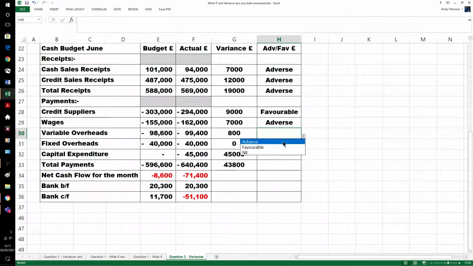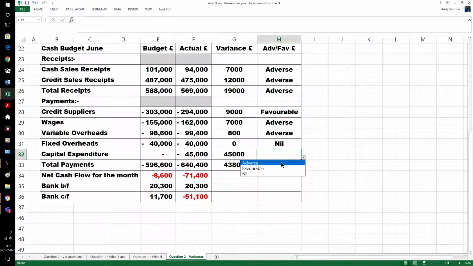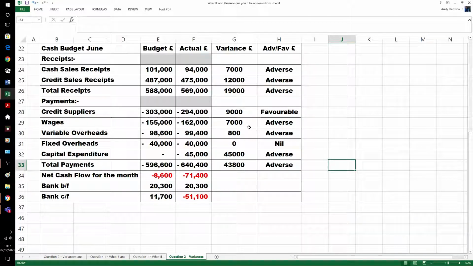Variable overheads, possibly because it's related to the labour. Fixed overheads, at least that one stayed the same. And a big negative here on capital expenditure, and then the overall effect adverse. So the favourable didn't make up for all the adverses.